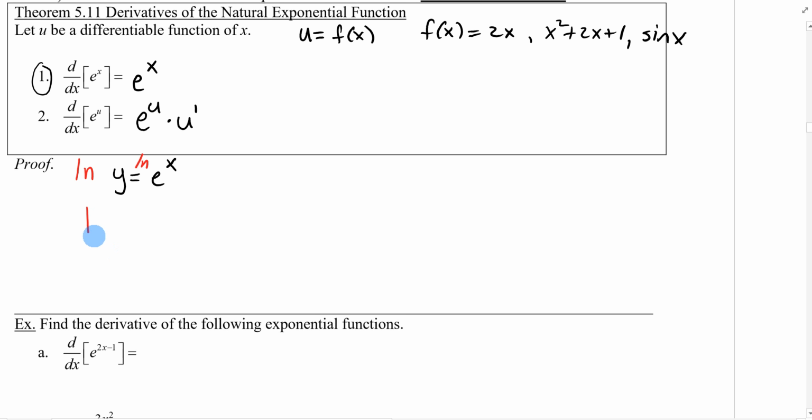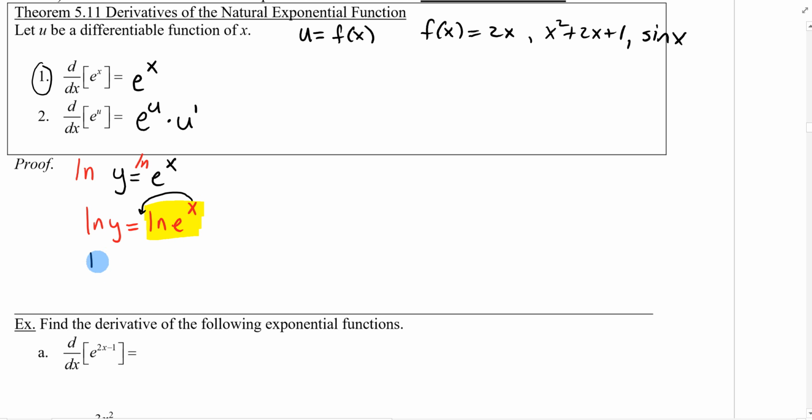That is natural log y equals natural log e to the x. According to the power rule for logarithmic functions, I can drop the x to the front.